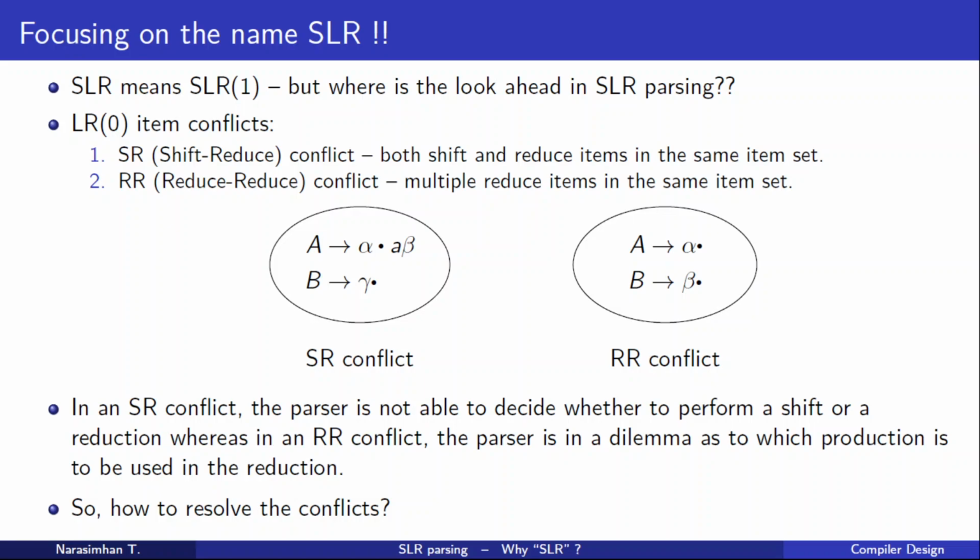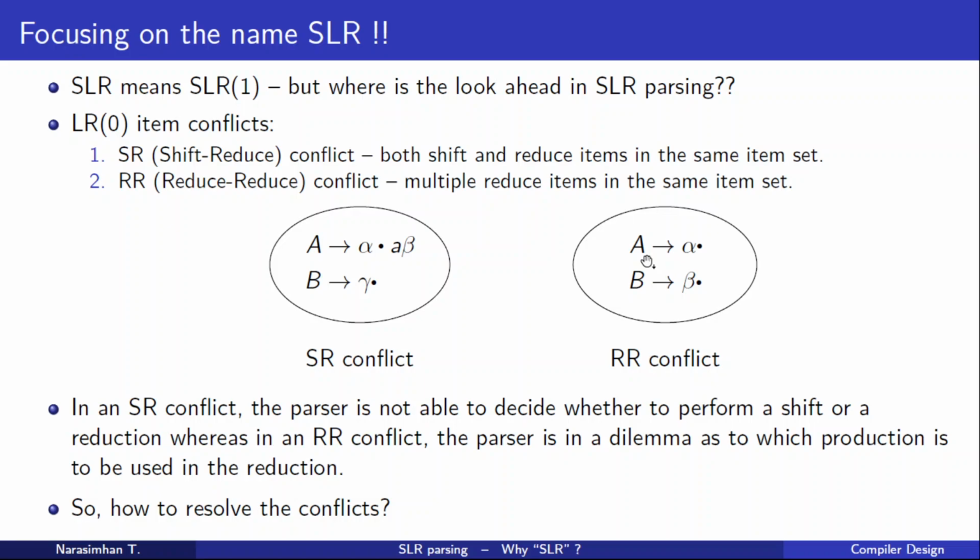What about the reduce reduce conflict, RR conflict? In RR conflict, you will be having multiple reduce items. For example, you could have something like this: A gives alpha dot and B gives beta dot. So here, what is the conflict? Here, there are no shift items. There are multiple reduce items. This reduce item will contribute to one reduce action.